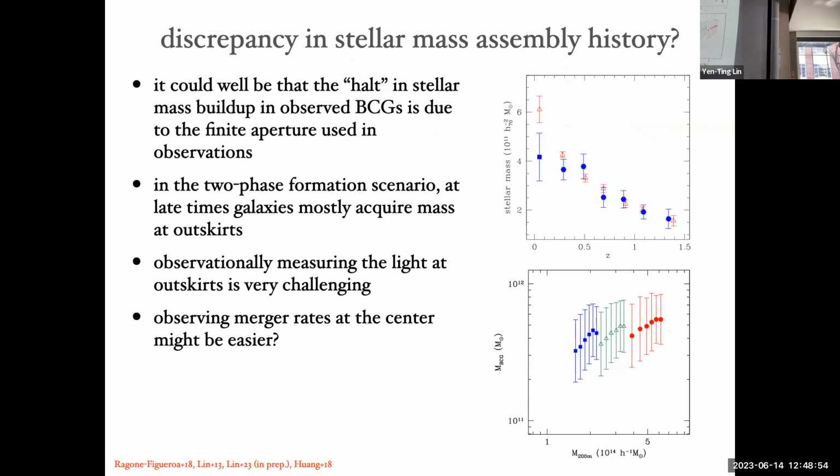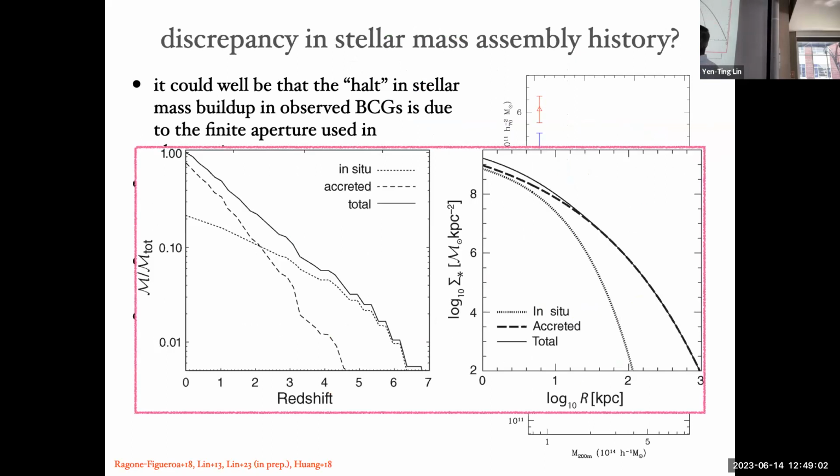And then in the second stage, the galaxy mainly grows in mass by accreting satellites at the outskirts. So here's an illustration. This is the surface density profile as a function of radius. So we see that the star formation happening in situ mainly creates a compact galaxy, while the accretion mainly deposits mass at outskirts.